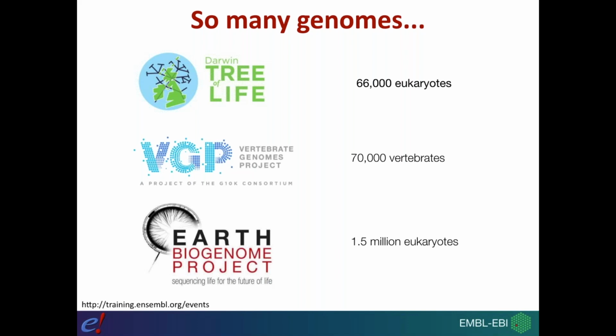And this data is being produced at such a rapid rate that it's important for us to be able to have databases that can handle this amount of data, but also to release it in a timely manner so that the data can be accessed by users around the world as quickly as possible.